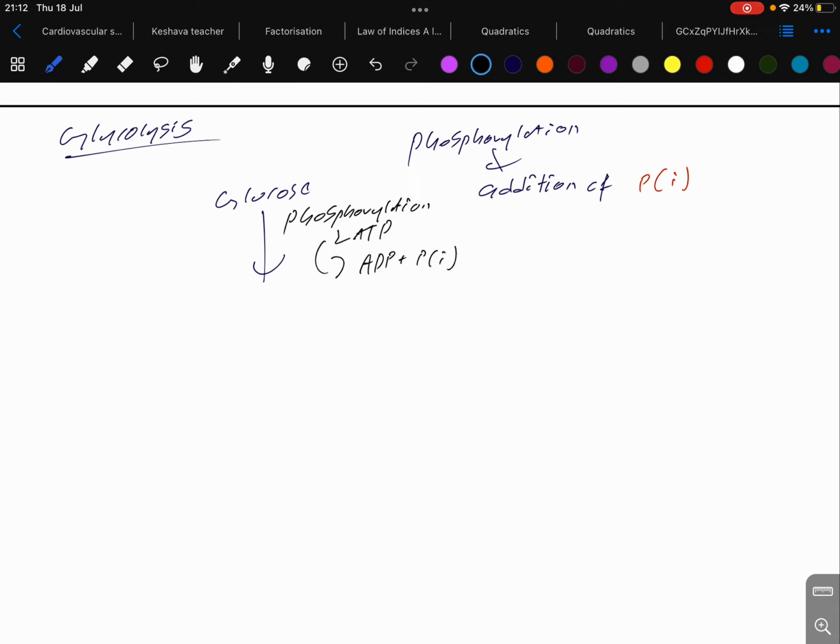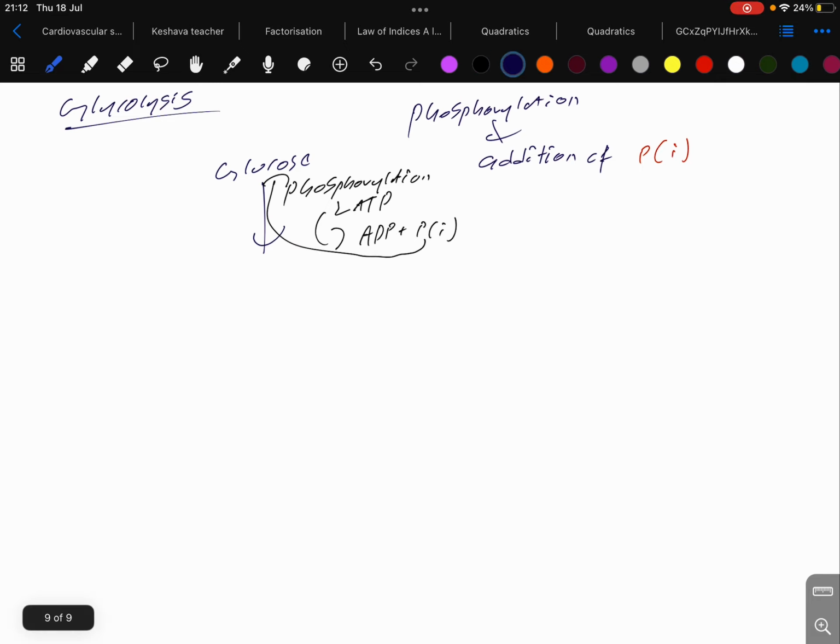So 2 ATP molecules are actually hydrolyzed here, and the 2 phosphate groups are added to the glucose to make it more reactive and to form hexose bisphosphate. So it's a 6-carbon molecule.